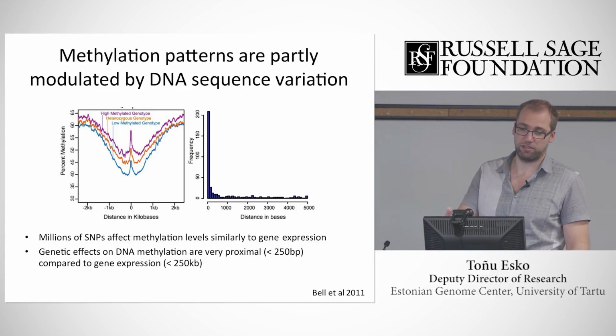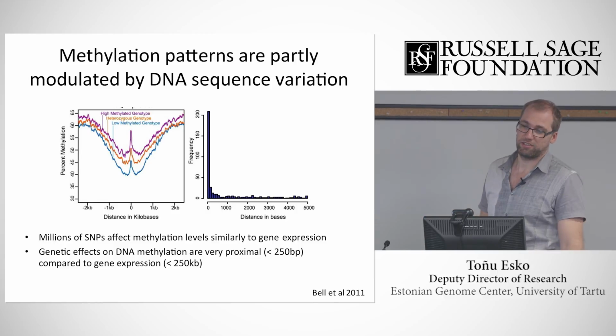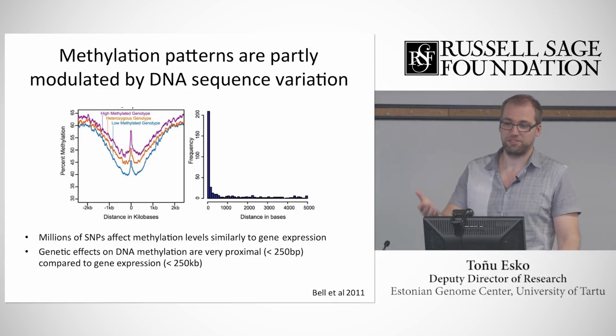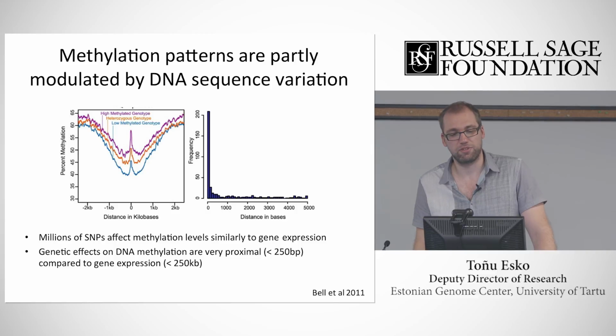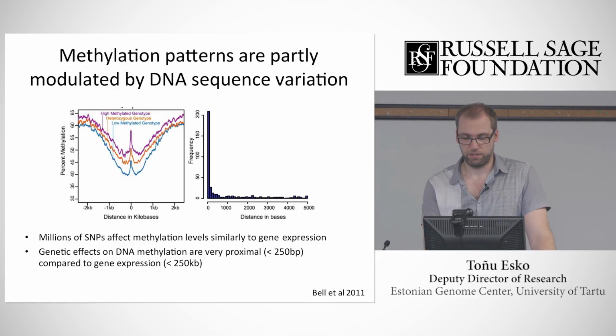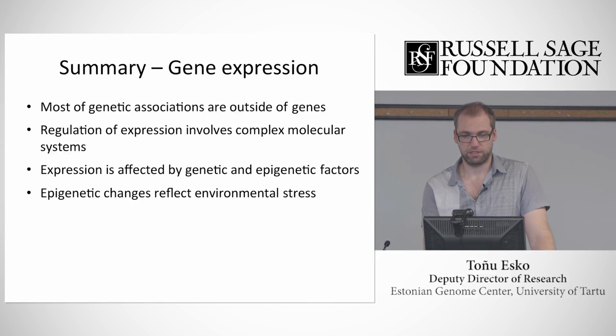So you can observe certain heritability, but is it actually the heritability of epigenetic marks, or just clean-cut DNA-based heritability? Okay, so I think this is all for gene expression and epigenetics.